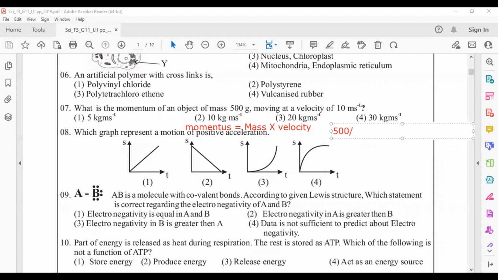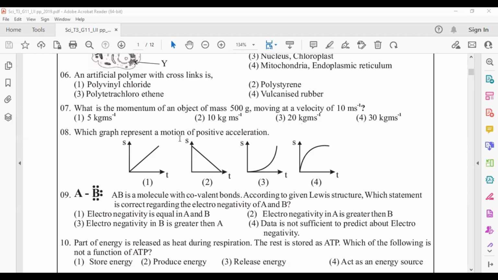So divide it by 1000 and multiply it with 10 and take the answer. Answer number 1. 5 kilograms ms minus 1.